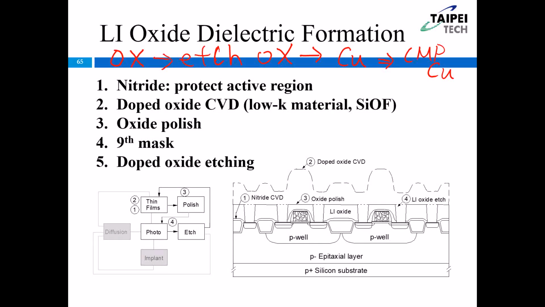And finally, we use the CMP. So after we use the CMP, then we will have a very smooth, very flat surface, okay? So this process is the damascene, or is the concept for the damascene, okay?